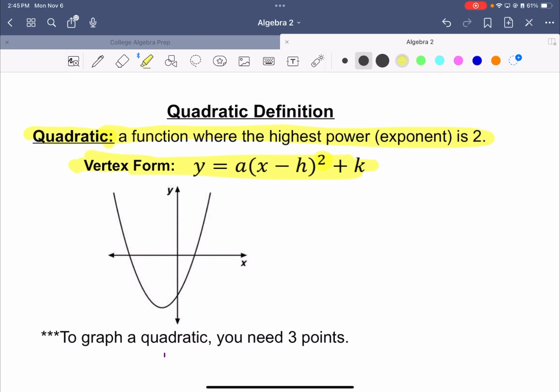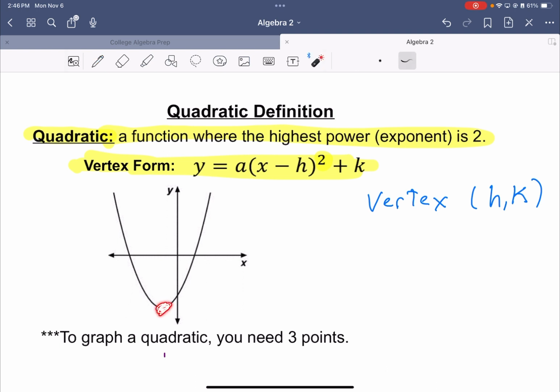That form is y is equal to a times x minus h squared plus k, where the vertex is going to be our (h, k) value. If you think about the one we just did, the left and right, up and down, that gave us our vertex. So that vertex is the (h, k) value in there.